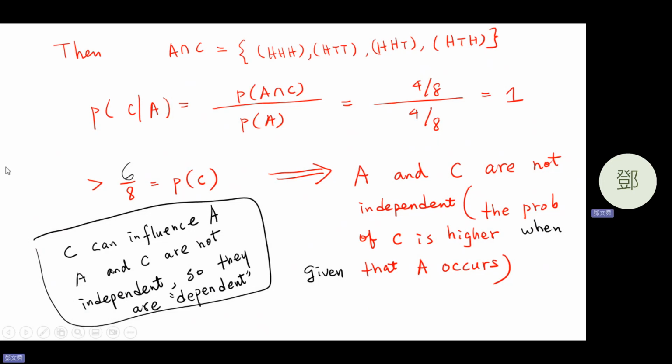In the midterm exam, you will see the example of flipping 3 coins, and I will give you 2 events, A and B, and you have to check whether A and B are independent or not. What you have to use is any one of the 3 methods.